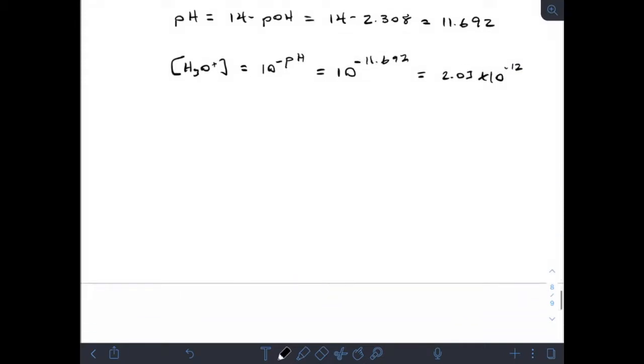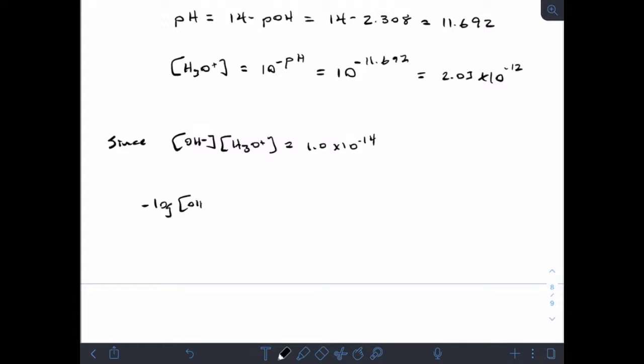Since we have this relationship to Kw, since OH- times H3O+ equals 1 times 10 to the minus 14, I can say the negative log of the OH- plus the negative log of H3O+ equals the negative log of Kw, right?